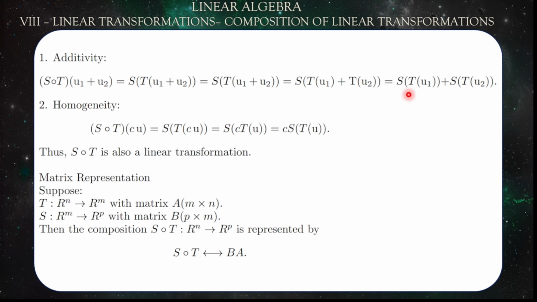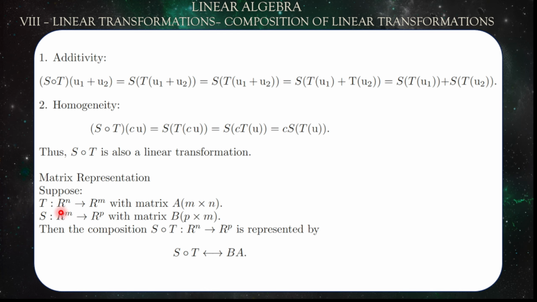Also, it can be rewritten as S T u1 plus S T u2. Now the homogeneity: (S∘T)(cu) is equal to S of T(cu), equal to S of c T(u). So it is interchangeable. Thus, S∘T is also a linear transformation.